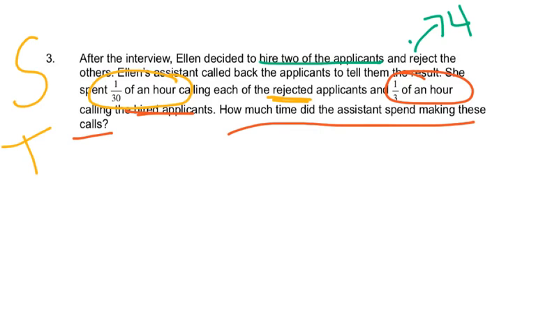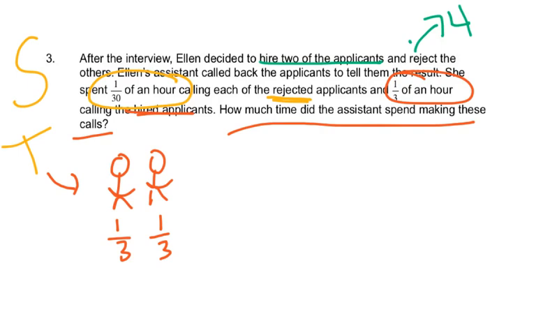Alright, so I've searched it, marked it all up, did what I was supposed to there. That's really part of the search process. Now I'm going to translate it. So we had these 2 applicants that she did hire, and she spent 1/3 of an hour with each of them.